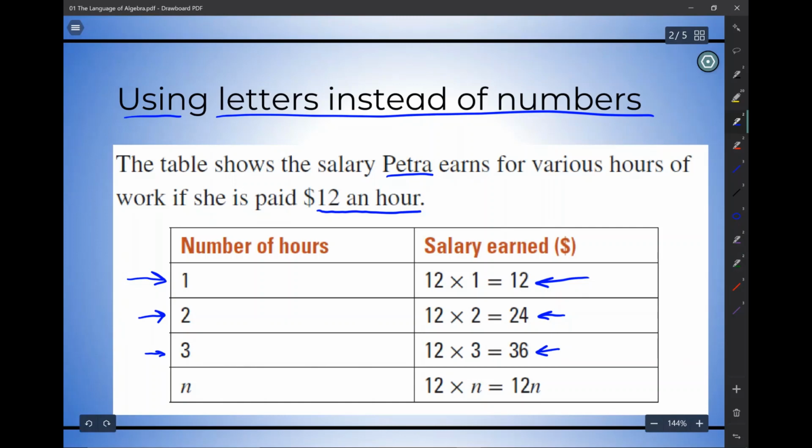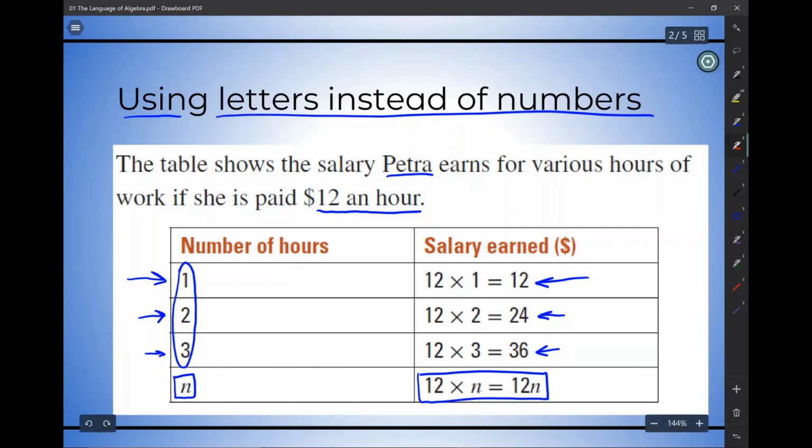What is really cool though is if you replace the number of hours that she works with the letter N that we're going to use to represent the number of hours that Petra has worked, we can create for ourselves a handy little formula that we can use to work out how much she gets paid for any amount of hours that she works.